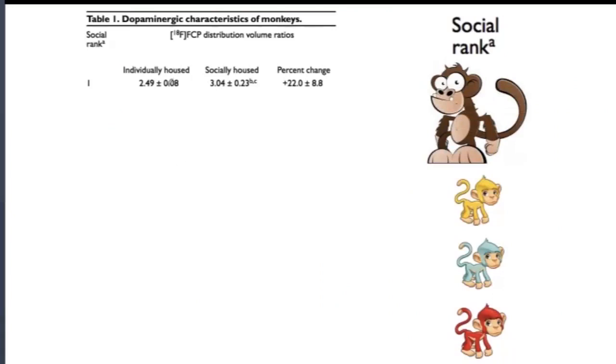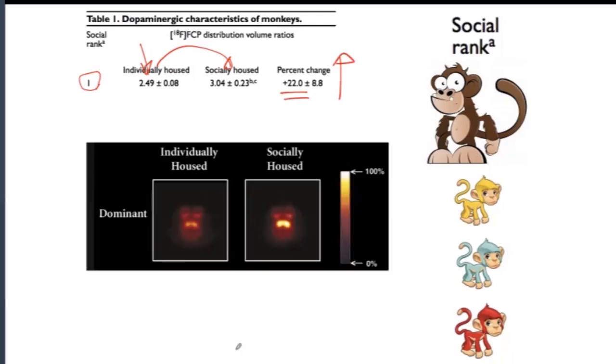If you evaluate the level of dopamine receptors in the monkey when he was individually housed compared to when he is socially housed and dominant, there would be a 22% increase in the level of dopamine receptors. This is the level of dopamine receptors in different parts of the brain, including the nucleus accumbens in the ventral striatum.